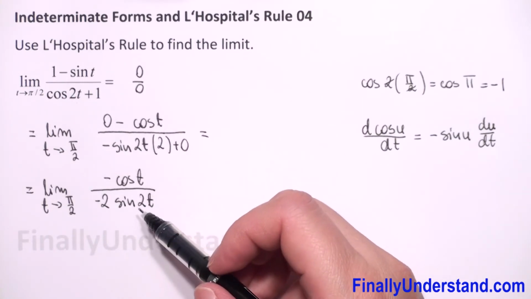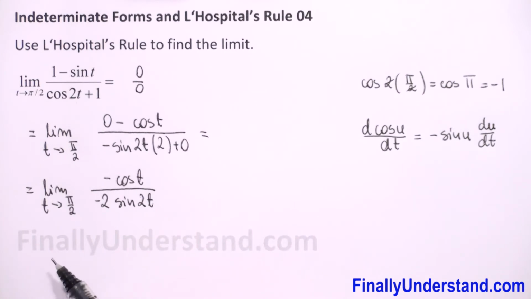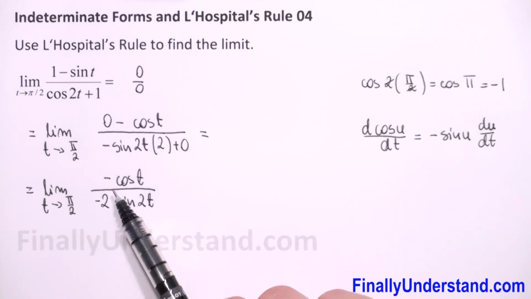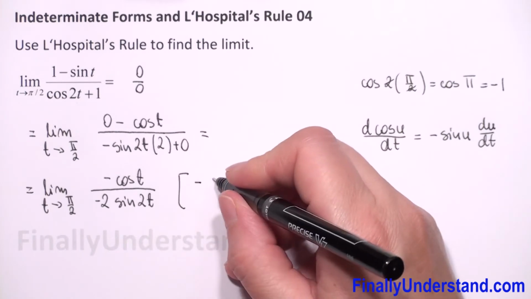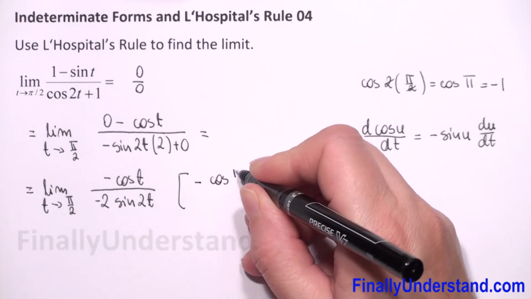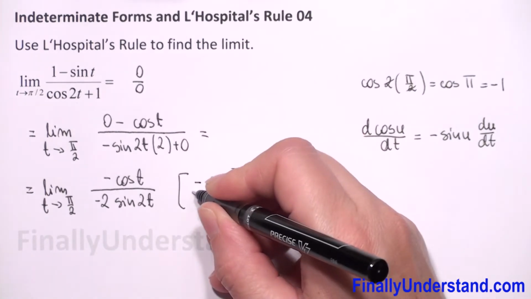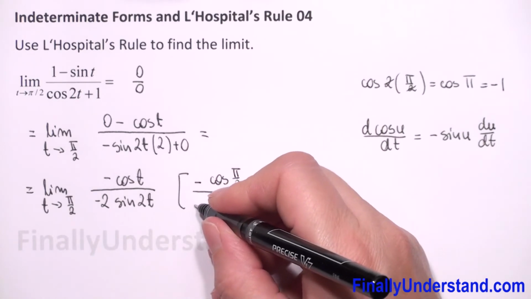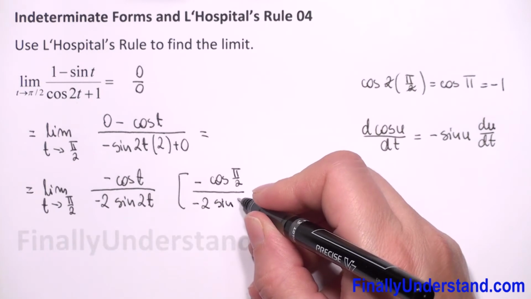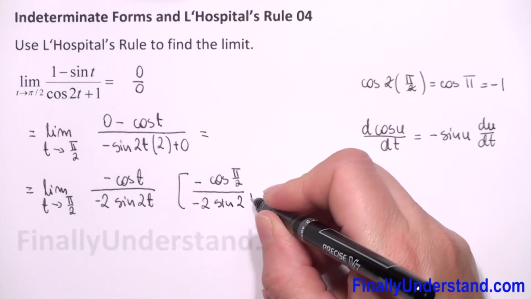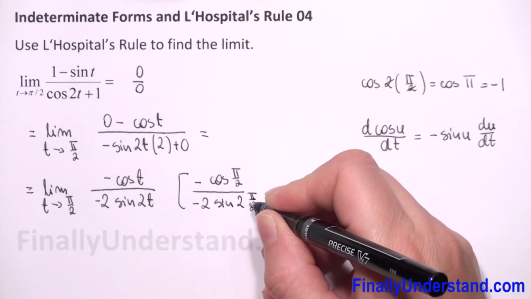Now we have to check what will be when we substitute t by pi over 2. In the numerator, let me write this, we will have negative cosine of pi over 2, and in the denominator we will have negative 2 times sine of 2 times pi over 2.